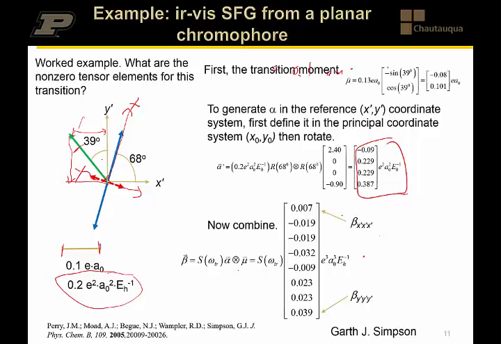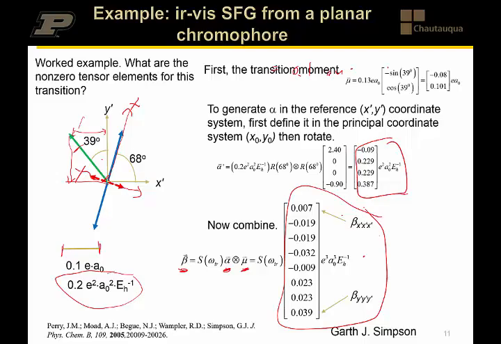Well, we know that for vibrational sum frequency generation, the vectorized beta, all 27 elements in a row, is given by the vectorized alpha Kronecker producted with the vectorized mu. And that turns out to look like this. That doesn't look like 27 numbers, does it? It's not, because we're only in the x prime, y prime coordinate system. We've neglected anything with a z in it.